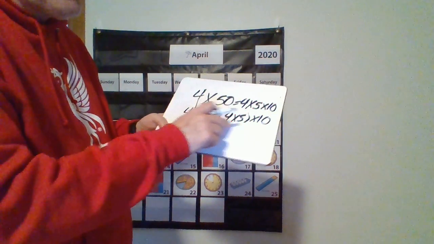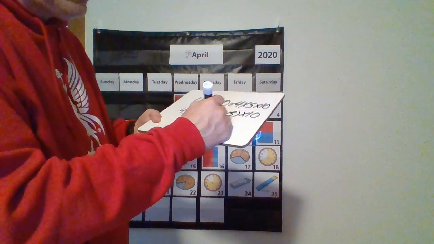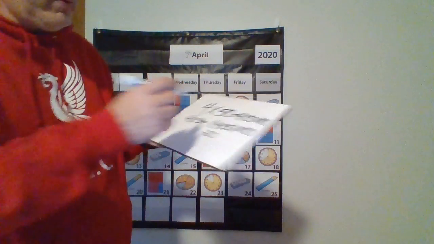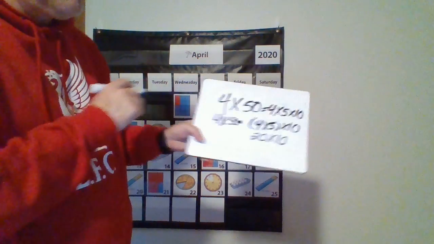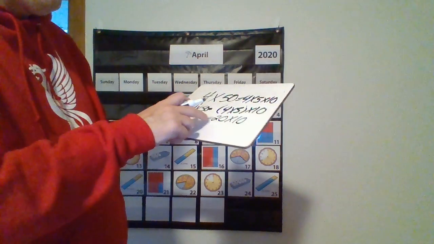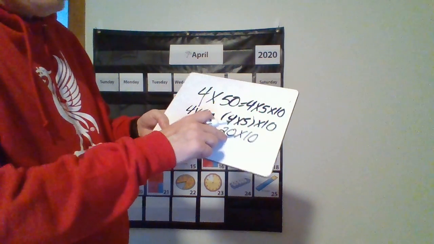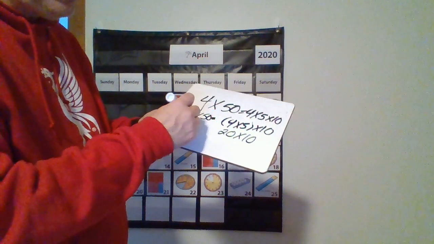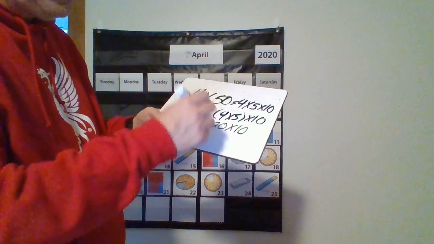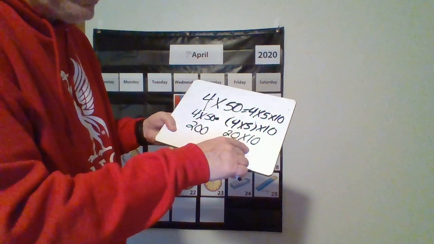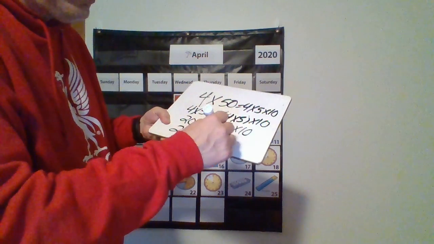We have 4 times 5 on this side is 20, right? 4 times 5 is 20. And then that would be times 10, right? So 4 times 50, 4 times 5, we figure that out as 20. 4 times 50 would be 200. 10 groups of 20, 20 groups of 10 would be 200. 200 equals 200.